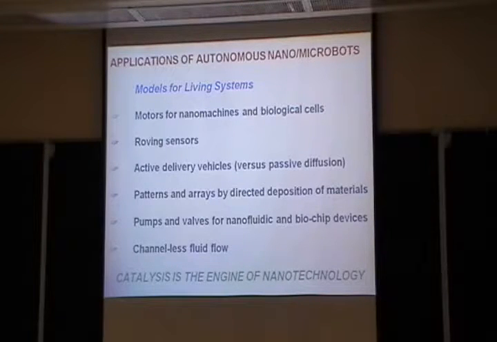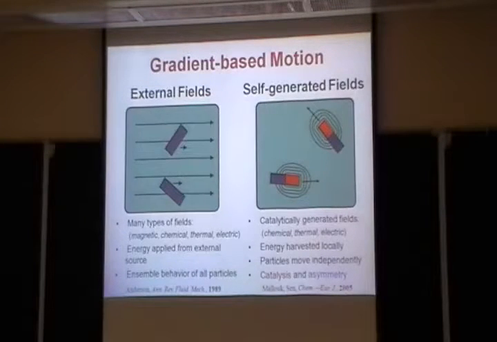So instead of enzymes, which are common in biology and are used to do catalysis, we might use other kinds of catalysts, but the concept is essentially the same. Just a point here, you're not trying to move ensembles of objects by applying an outside field. Okay? If you have charged particles, you apply an electric field, you can move the whole thing.